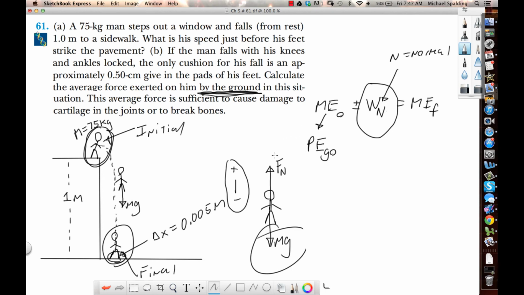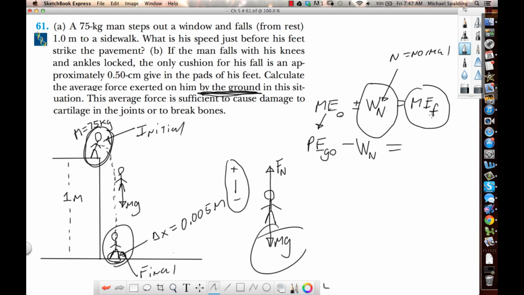All right, so where were we? Is this work non-conservative plus or minus? Is the normal force going to add mechanical energy or remove it? It's going to remove it. So we're going to go minus work of the normal force. What's the mechanical final? When he stops, he hits the ground, stops.